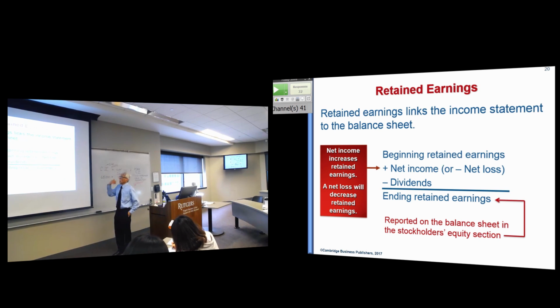So just remember, beginning retained earnings on the balance sheet, plus net income, minus net loss, less dividends gives you the ending retained earnings, and that goes to the ending balance sheet. So remember the diagram we had, opening balance sheet, ending balance sheet, one of the changes is net income. Net income will change one balance sheet to the next.